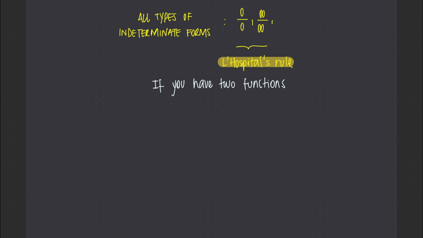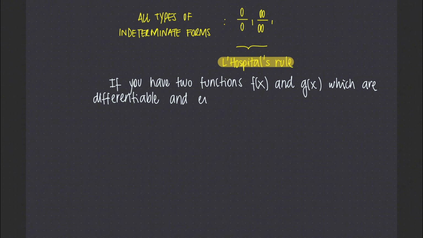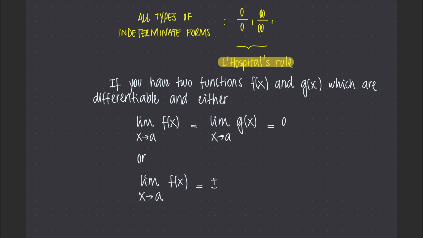And for these ones, L'Hopital's rule states that if you have two functions which are differentiable, and let's call these two functions f of x and g of x, and either the limit of f of x as x approaches a and the limit of g of x as x approaches a are both equal to 0, or this is the second condition, the limit of f of x as x approaches a is positive or negative infinity, and the same thing happens to the limit of g of x.